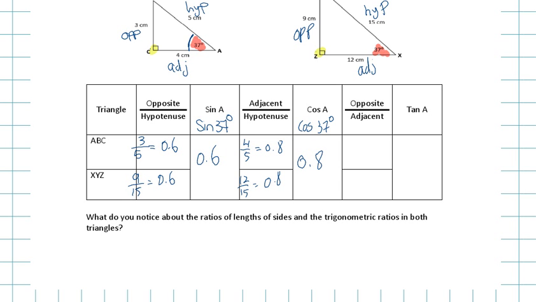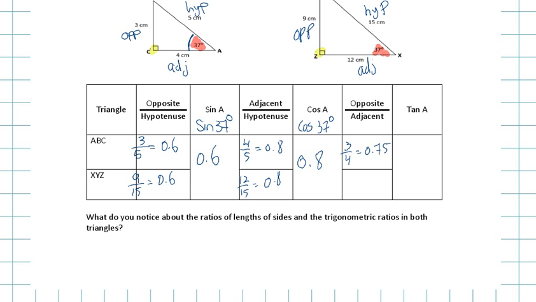Okay. In triangle ABC, what's your opposite and what's your adjacent? Opposite is 3 over 4. What's 3 over 4? 0.75. How about in triangle XYZ? 9 over 12.